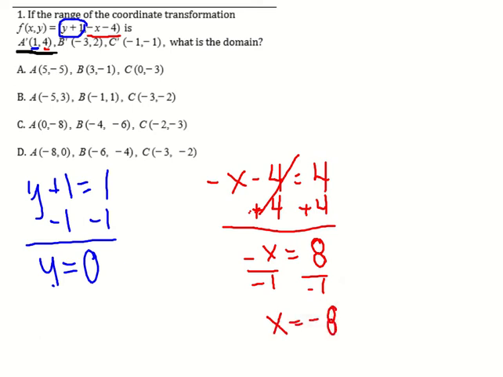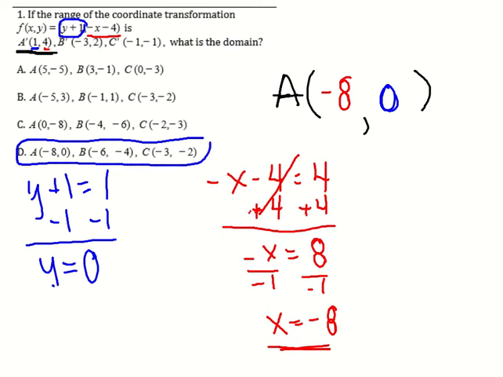Now the really important thing here is that I need to always put them back in order. The x always comes first in a coordinate point. So negative 8, because that's what x was equal to, and y is 0. So in this case, our answer choice is option D.